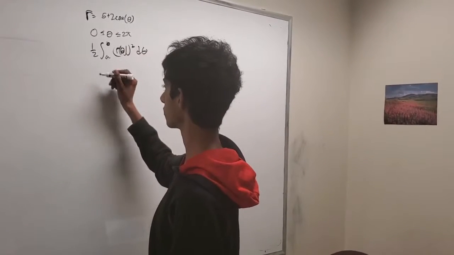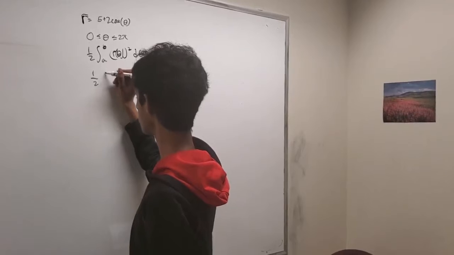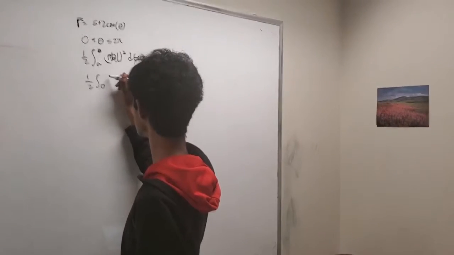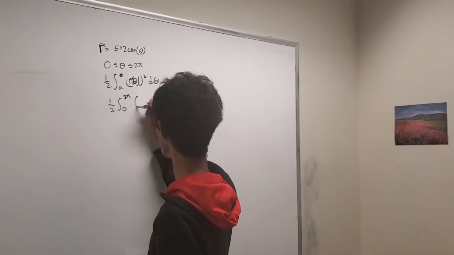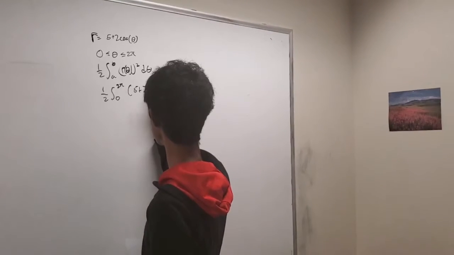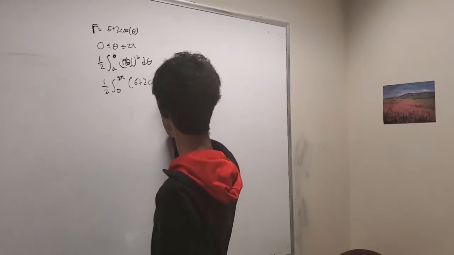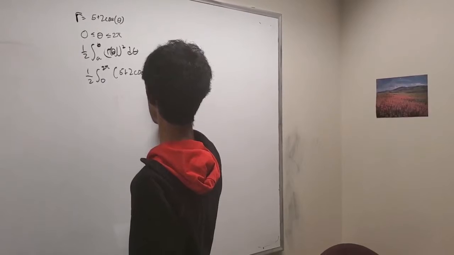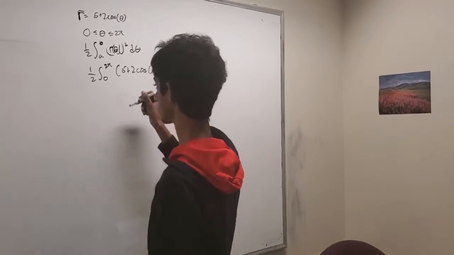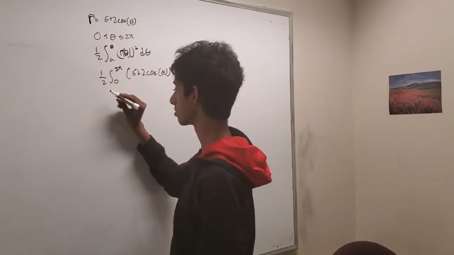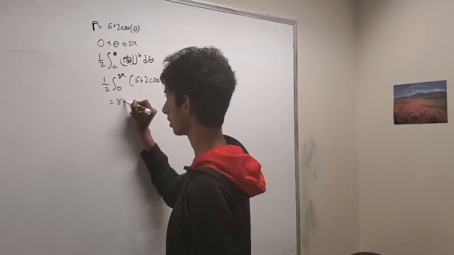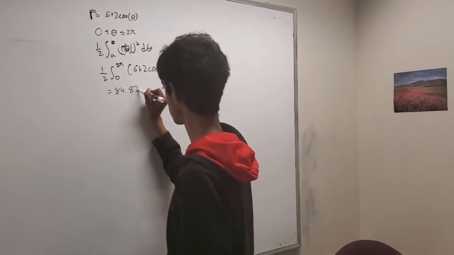So if you plug in your terms, you get 0 to 2 pi of 5 plus 2 cosine theta squared d theta. And then you plug this into your calculator, and you would get 84.823.